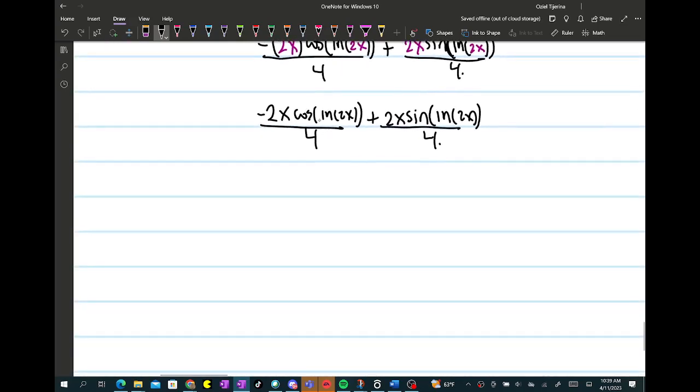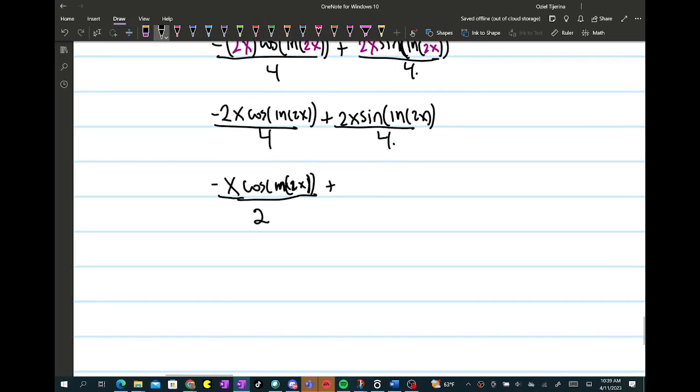And now what we have to do is simplify the fraction. So we have negative x over 2, so negative x cosine of ln of 2x all over 2, and then plus x over 2 sine of ln of 2x.